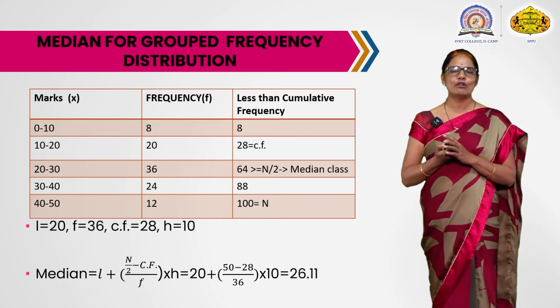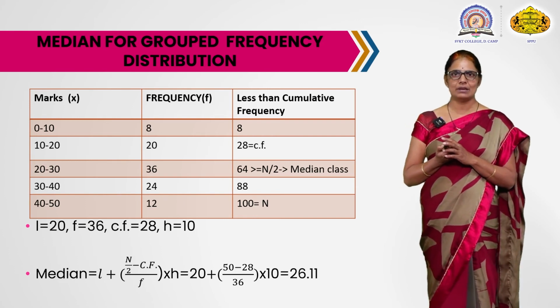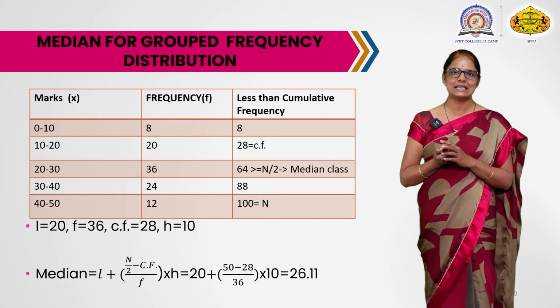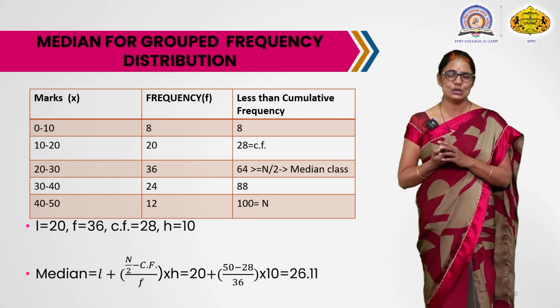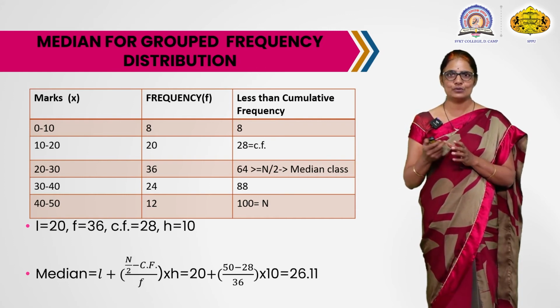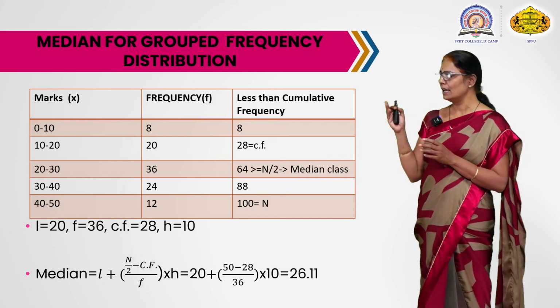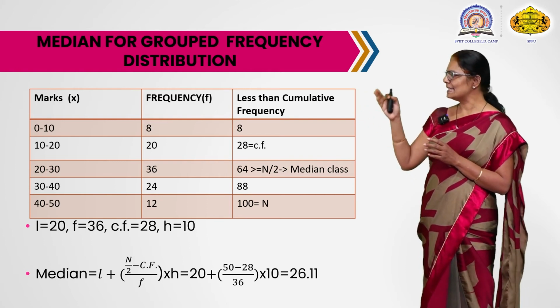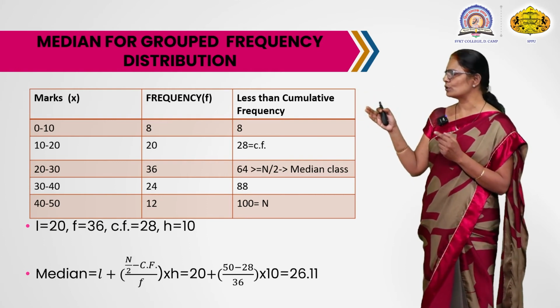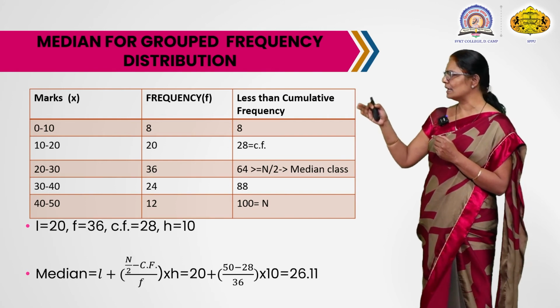Now this is the formula to calculate the median: L plus, in brackets, n by 2 minus CF, upon f, into h. Now first we put L, which is 20 here, then plus n by 2. n is 100, remember n is the total frequency, which we already calculated.